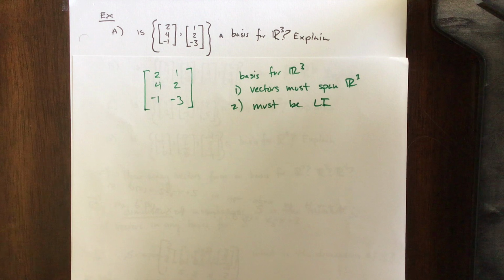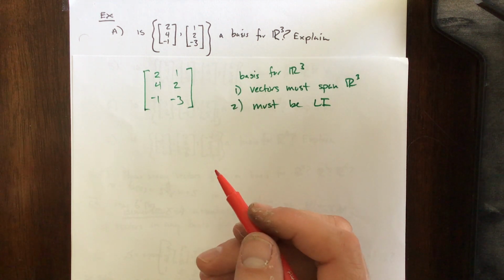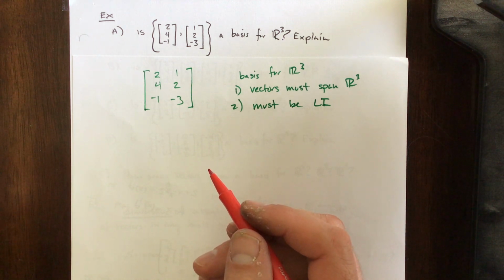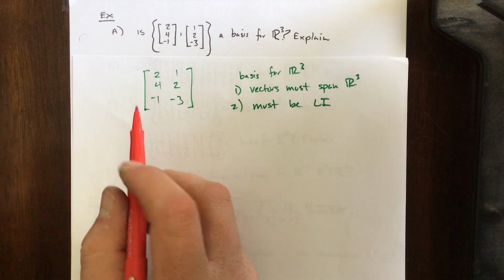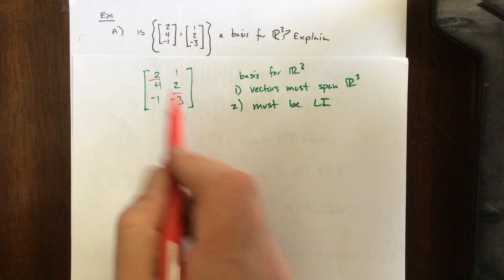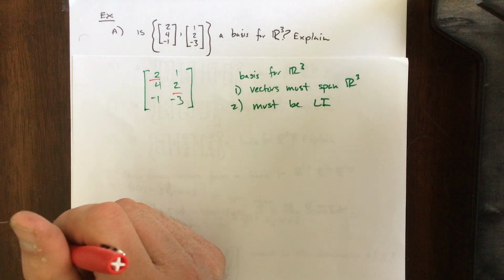Looking at this matrix right here, how many vectors are required to span R3? Well, you need to have a pivot in every row. So I can have a pivot here and I can have a pivot here. Not saying these are pivots, but I'm looking at the possibilities of where I can have pivots.